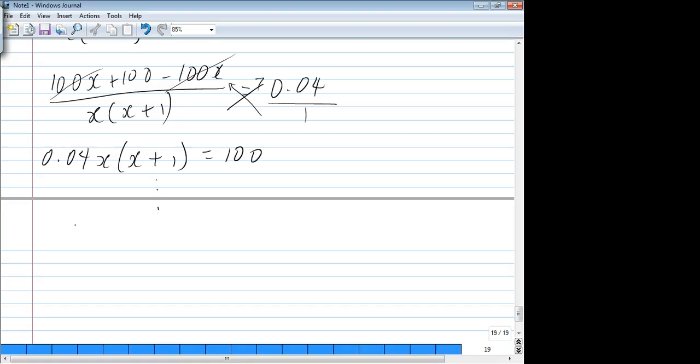You will arrive at x squared plus x minus 2500 equals to 0. You can do this intermediate step by yourself. 0.04 equals to 1 over 25. Yeah, correct, same thing.